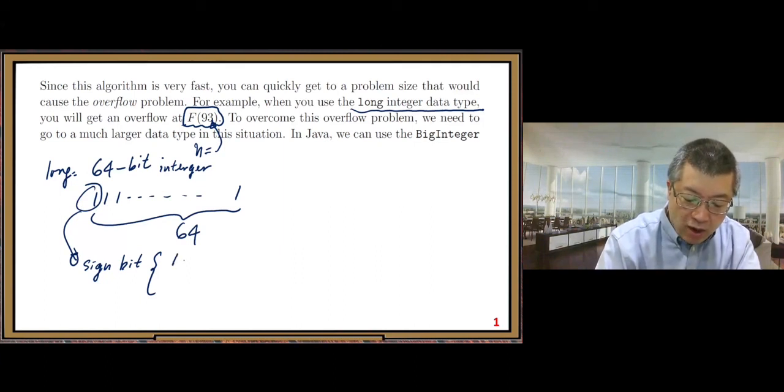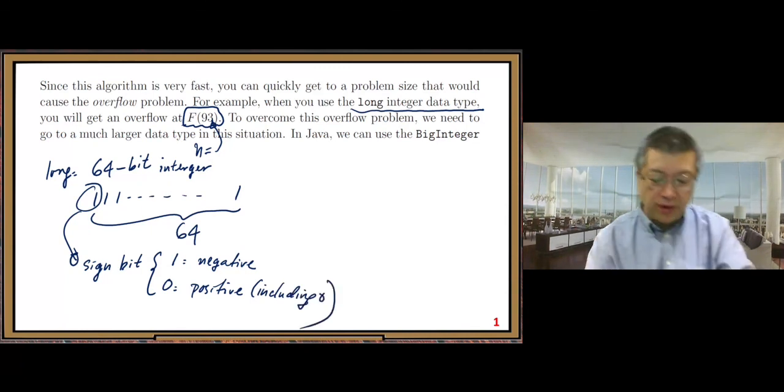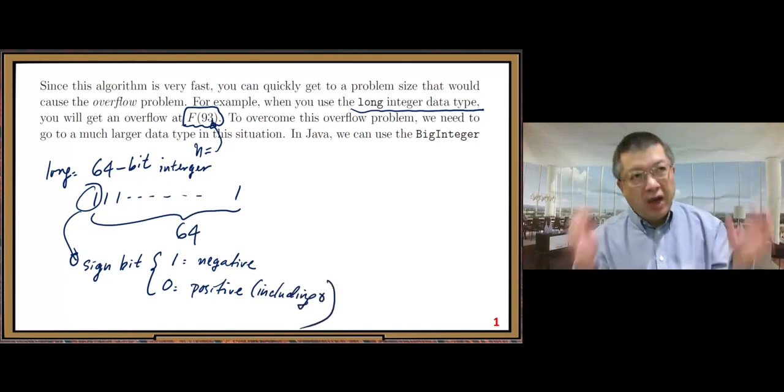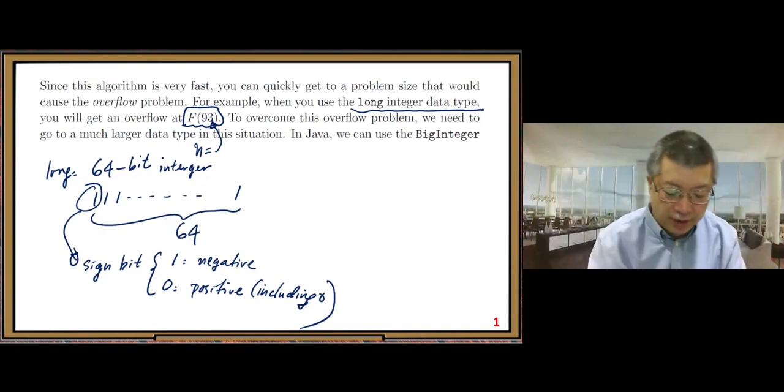Sign bit equals 1, that means it's a negative number. Sign bit equals 0, positive, but including 0, right? Positive plus the 0 case. All 0, that's the 0 case.